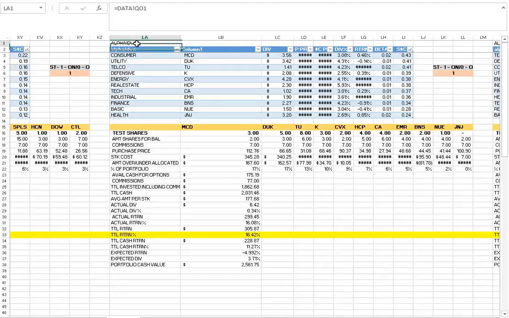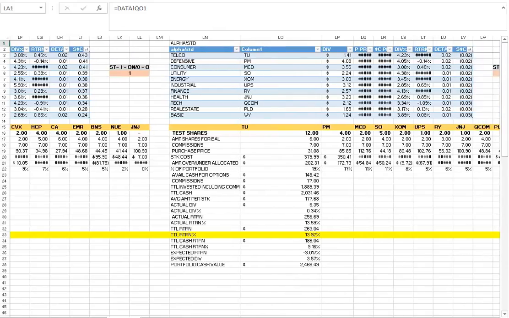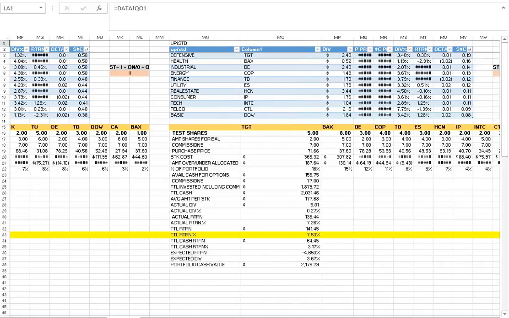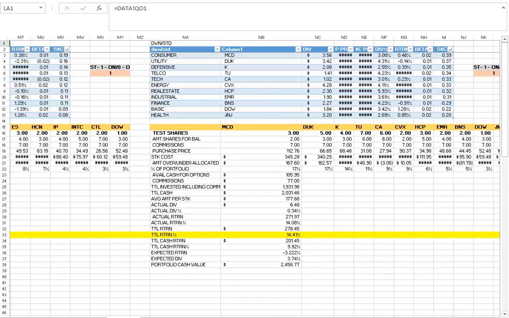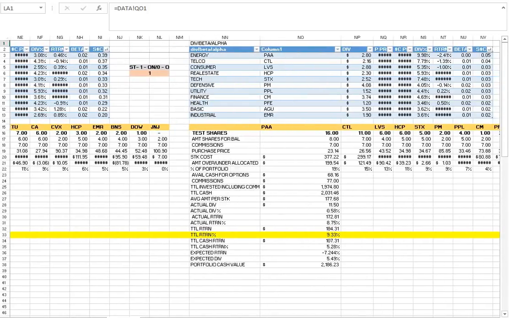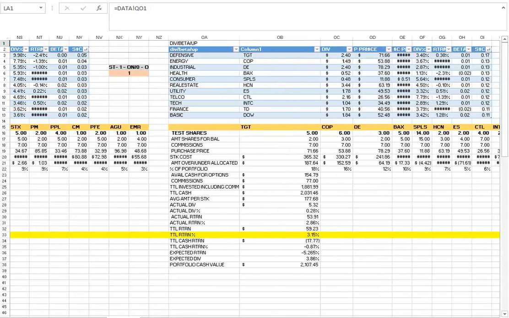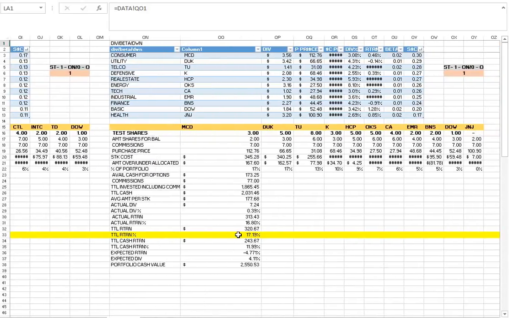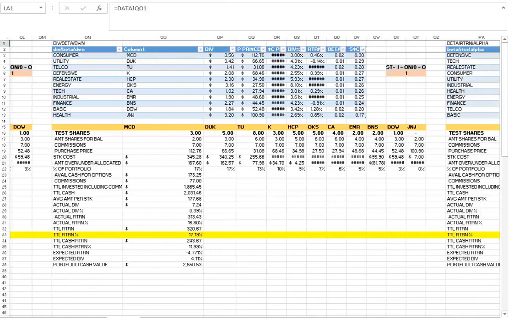This one is the alpha and the down moving stocks, which makes a lot of sense. 13% there. Let's keep going. 14% there. So far, our highest is 16%. Let's see if we get something higher. 17%, and I believe this is the last portfolio.